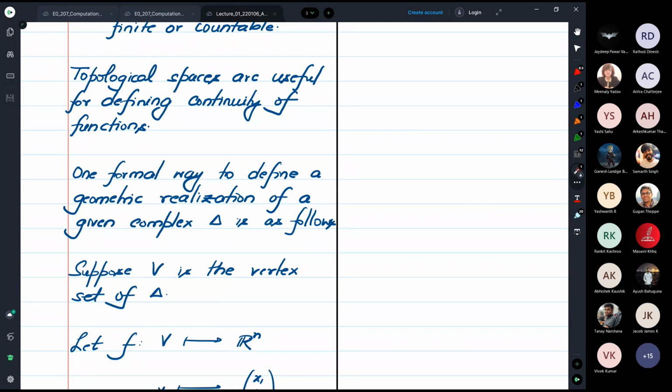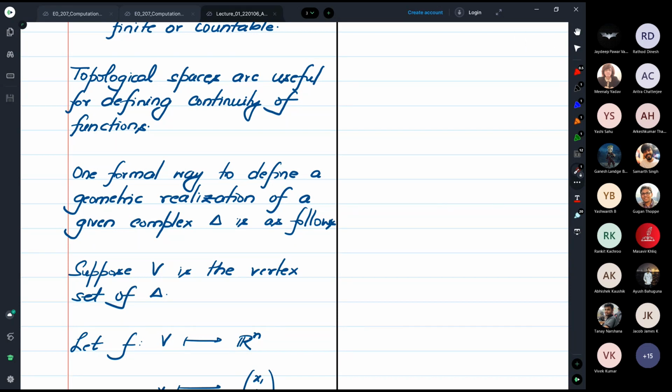Okay, I don't see any raised hands. Perhaps this is the first time you are encountering this notion of a topological space. It's fine, you can think about it. If you have any questions, you can ask them during the office hours right after the class, or in the next class, or alternatively, you can post on Teams as well. All right, with this, we can advance.